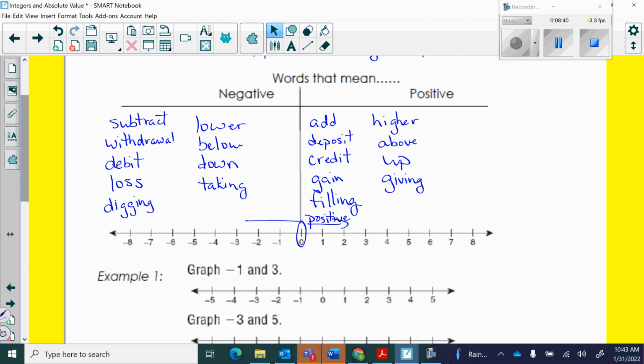Anything to the left of 0, these are our negatives, which is why we did those words on the sides we did, to try to help you see in relationship where they are. This is what we call a horizontal number line. So if we ask you to do something on a horizontal number line, this is what we're asking for.